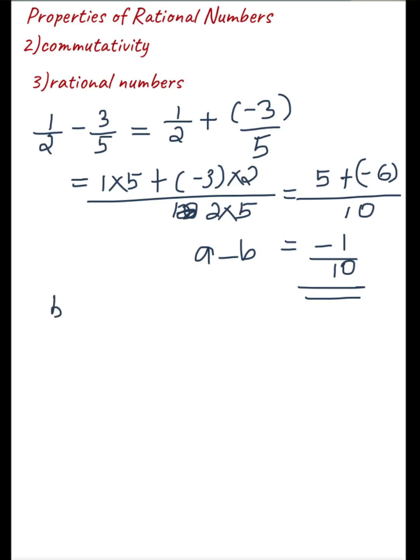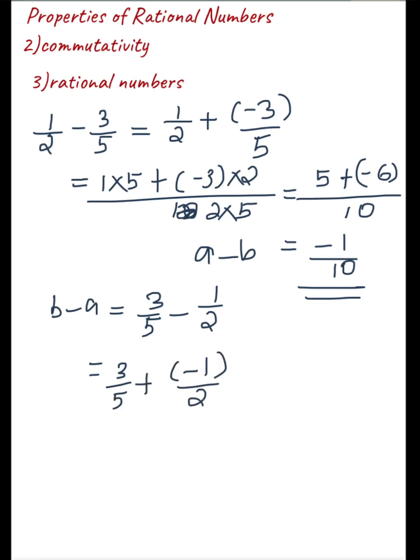That is A minus B is equal to minus 1 by 10. Now let's see what is B minus A. Okay, you need to just reverse it. That is 3 by 5 minus 1 by 2. That is what? 3 by 5 plus minus 1 by 2. That is adding with the additive inverse of second. Subtraction is similar to adding with the additive inverse of second.